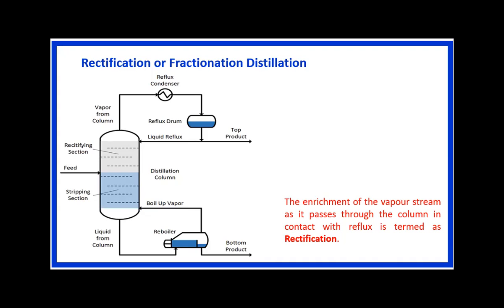Fractional distillation is a distillation technique used to separate a liquid mixture containing components having closer boiling points into pure components by a series of vaporization and condensation cycles, depending upon the length and efficiency of the fractionating column.